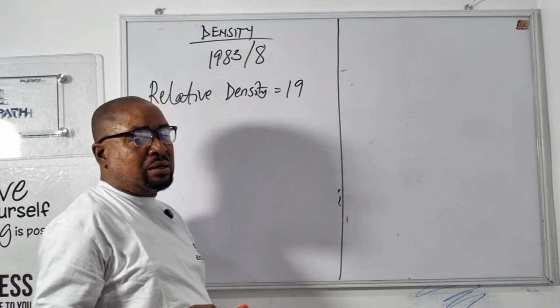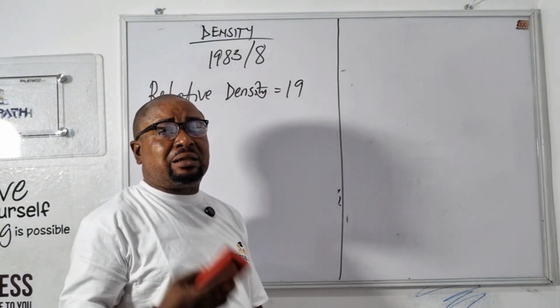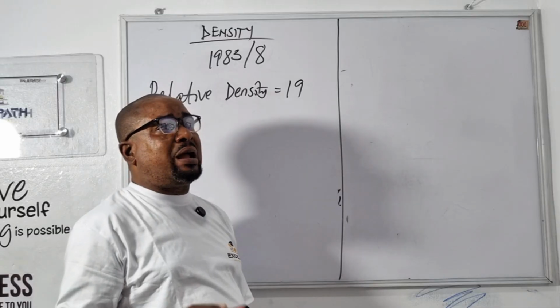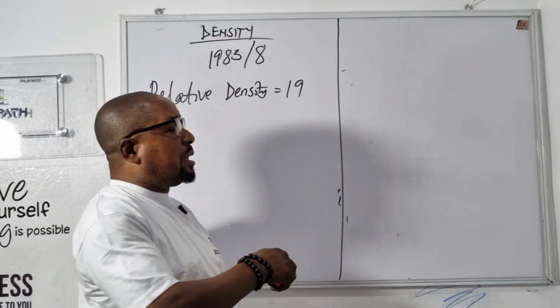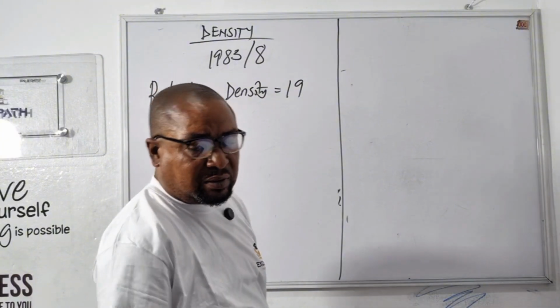Relative density, what is relative density? Relative density has a lot of definitions. I am not going to be defining it, but I'm going to give you all the definitions that are necessary for relative density.